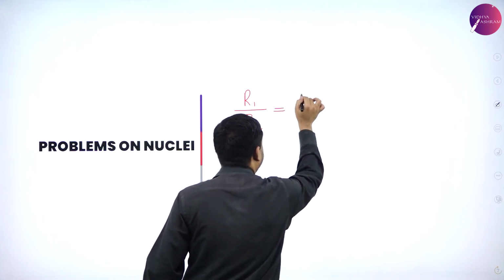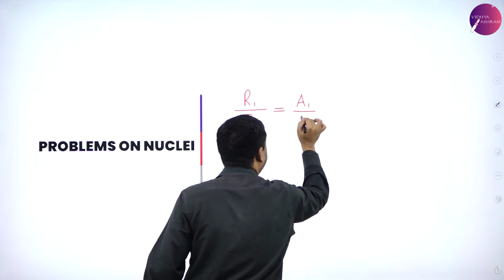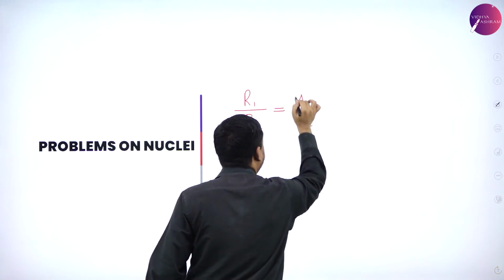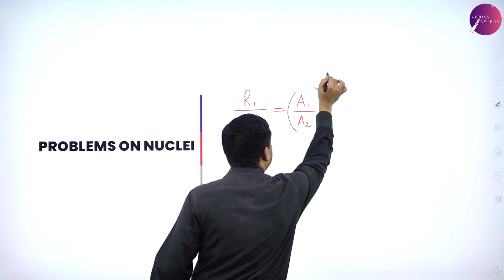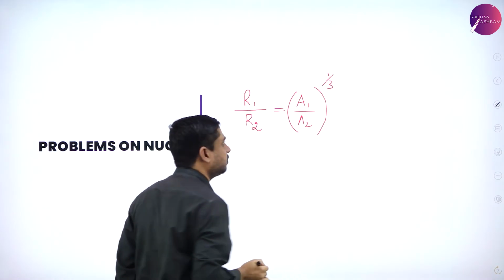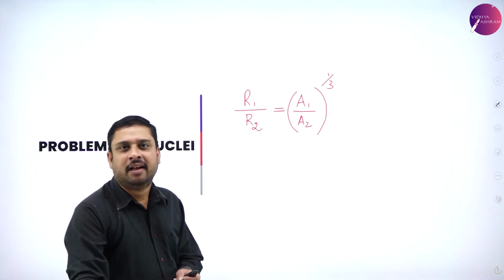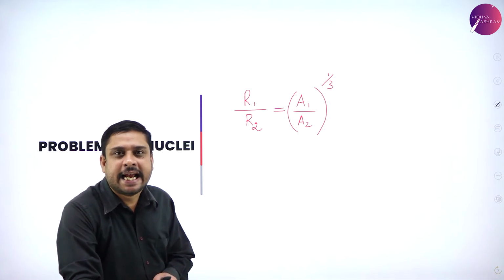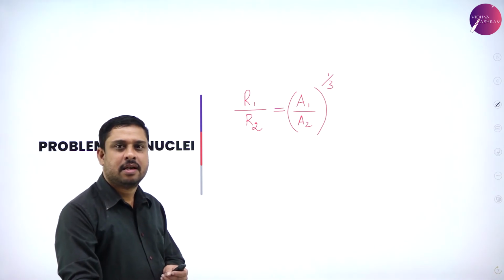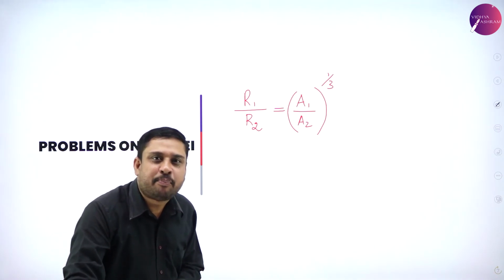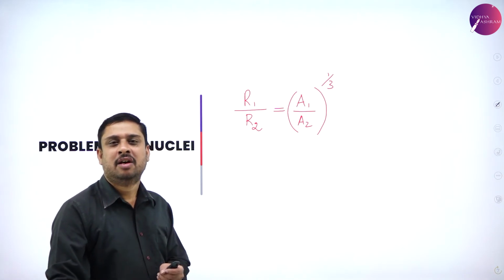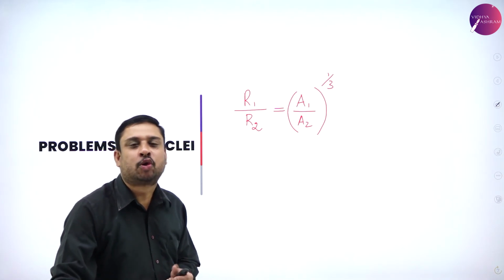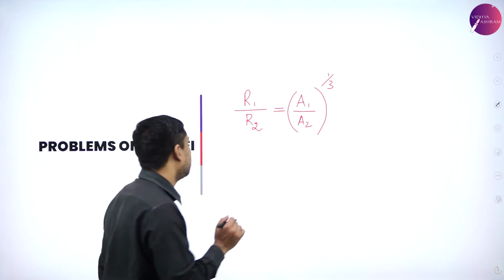So this becomes A1 by A2 to the power 1 by 3, as nuclear radius is directly proportional to the cube root of the mass number.